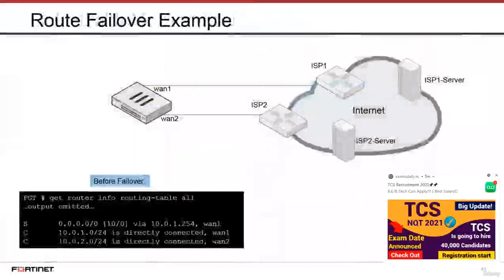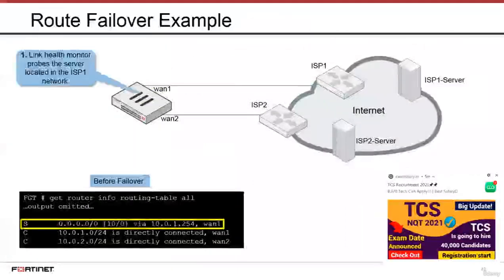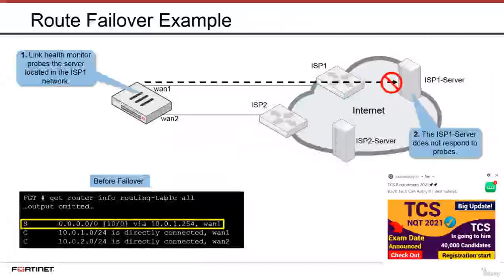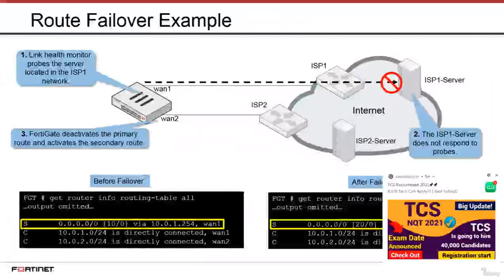Route failover example. In the example shown on this slide, FortiGate has two ISP connections, ISP1 and ISP2. Within each ISP's network, there are servers that the FortiGate is probing. Before failover, the WAN1 default route is active in the routing table since it has the lower distance. The WAN2 default route is configured with a higher distance and therefore is standby.